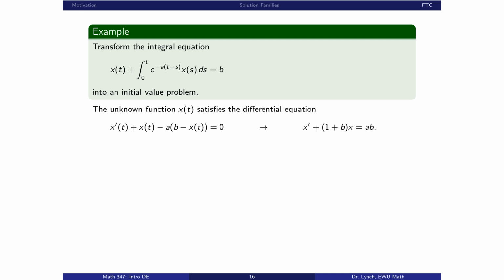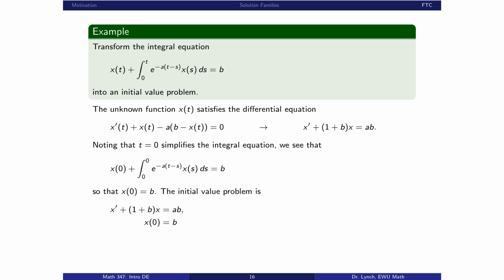Now we're not quite done yet because we've been asked to transform this into an initial value problem. And remember that an initial value problem is a differential equation together with an initial condition. So choosing strategically, we see that the choice of t equals 0 simplifies the integral term significantly. So if we substitute t equals 0, we see an initial condition x of 0 equals b.